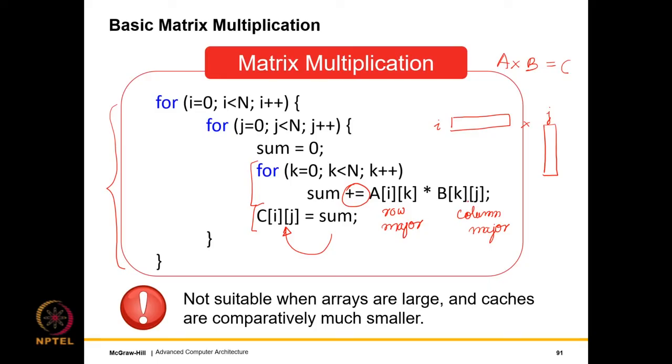Of course, some programming languages and some compilers can be smart in the sense that they will store this array in row major and this array in column major. But typically that's not the case. And the second is that even if they were, it is possible that a single row is much larger than the size of the cache, which can be the case with large data sets. So there is a need to convert this code into a more cache friendly version. So the method to do that is called loop tiling, which we will discuss.